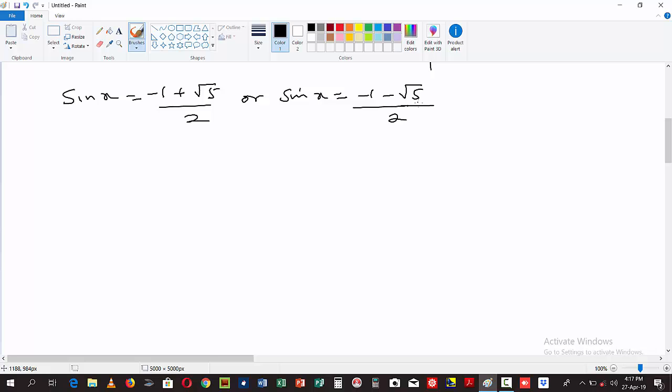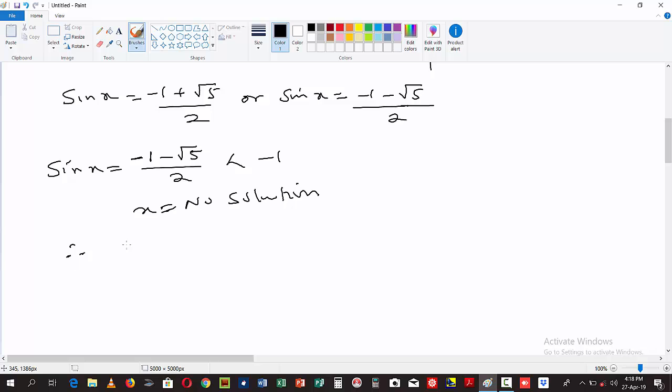If we check the answer very well, minus 1 minus square root of 5 divided by 2 will automatically be less than minus 1. And when you press your calculator to find the value for x from this sine x, there is no solution for this.